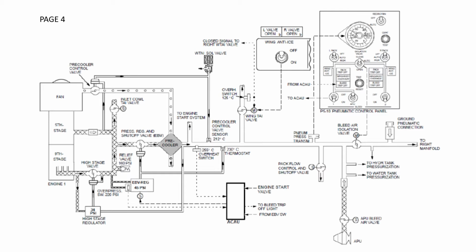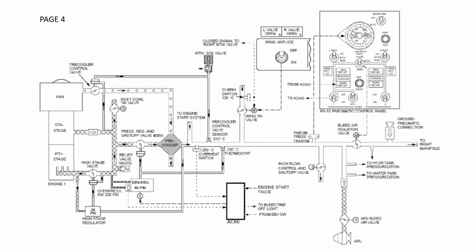The fan air control thermostat is a pneumatic device, and if the temperature reaches 230 degrees C downstream of the pre-cooler, it opens up and allows some of the servo pressure that's used to control the PRSOV to bleed off and reduce.